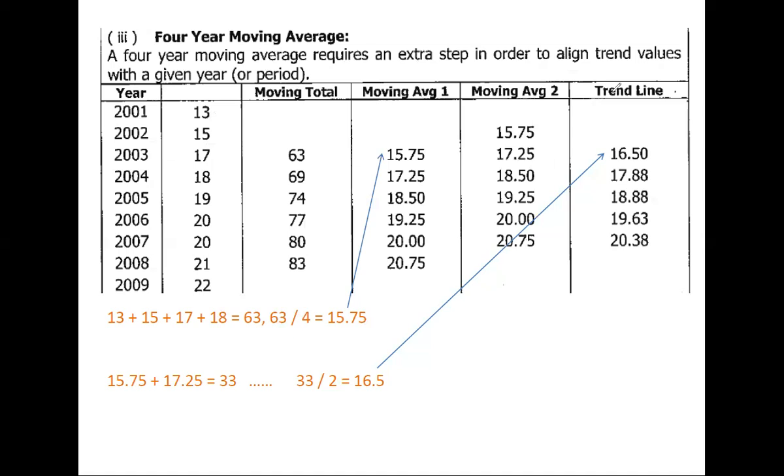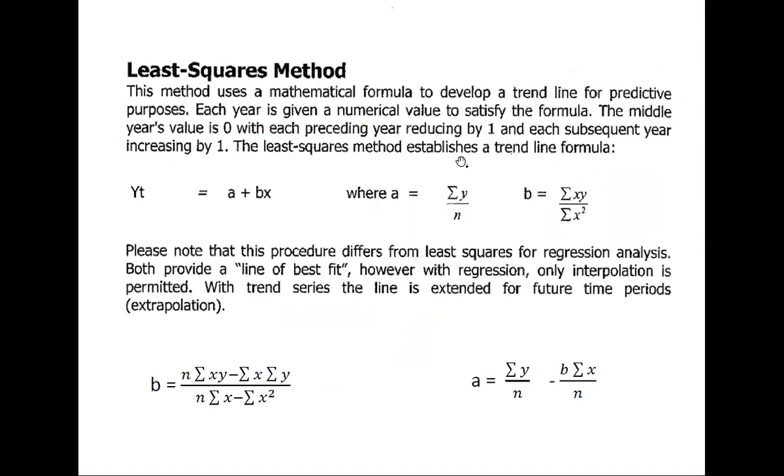Now, moving on, the next technique is the least squares method. There are two ways in which this can be done. We can take the middle value of the years of the data to be equal to 0, then reduce preceding years by 1 and increase subsequent years by 1.